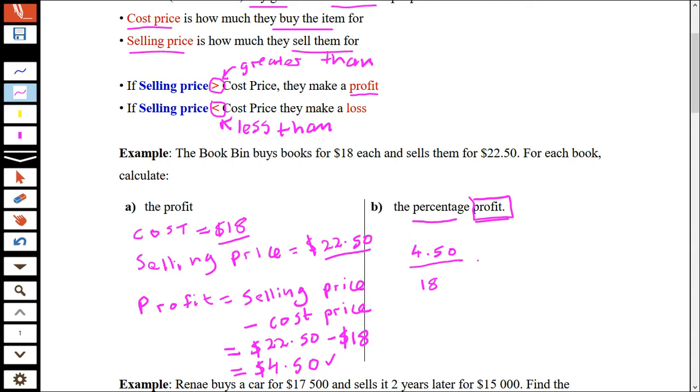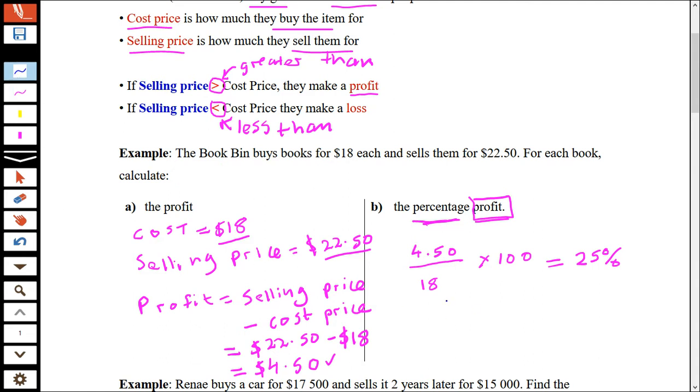And to convert that to a percentage, you multiply by 100. Okay, so let's try that now on the calculator. So you're going to get 4.50 over 18 times by 100 equals, that's 25. Sorry, it's not $25, it's 25%, right? Because remember it says percentage profit.